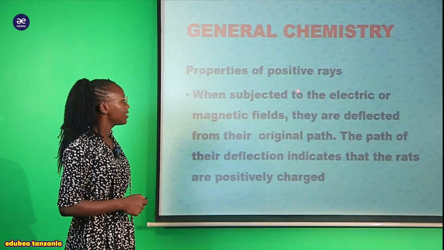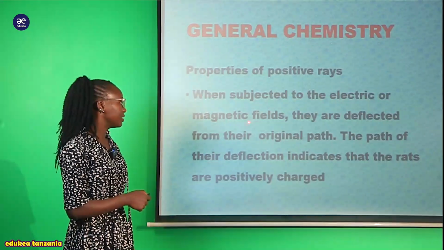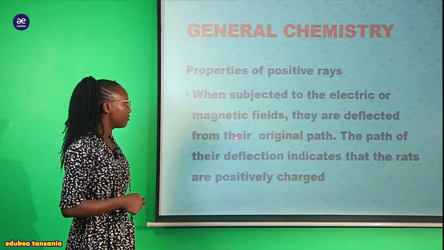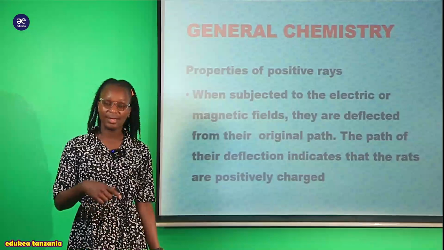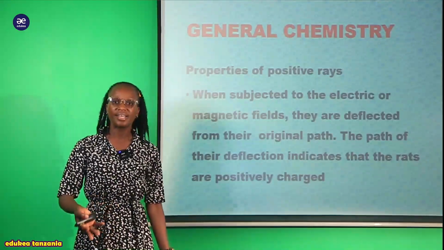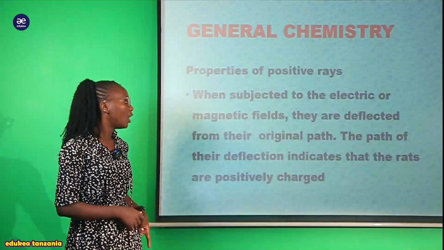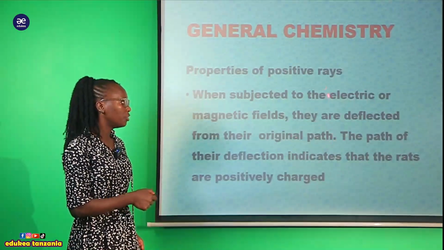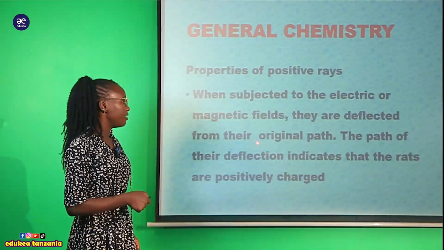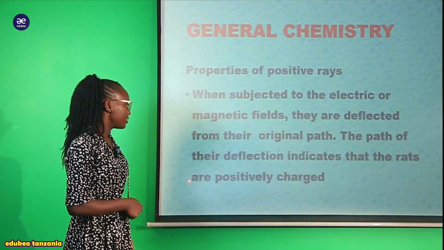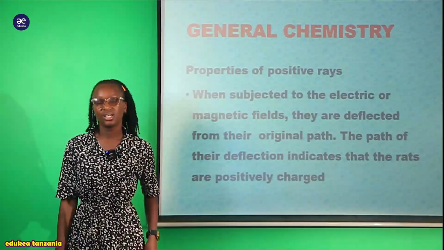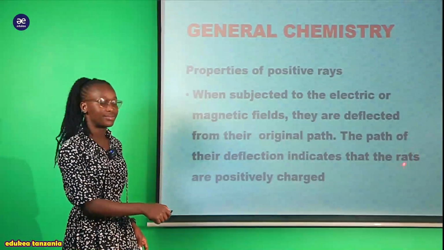So simply, when subjected to an electric or magnetic field, they are deflected from their original path. Kwamba endapo zinakuwa subjected to the magnetic field or electric field, huwa zinakuwa deflected from their original path. The direction of their deflection indicates that the rays are positively charged.